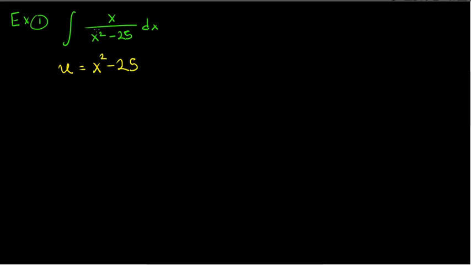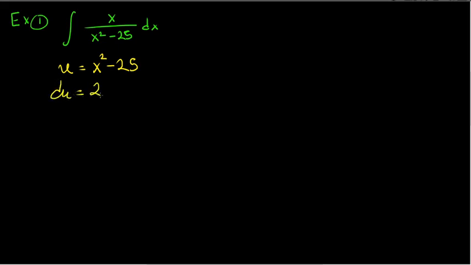Again, the only other option that I can see here is to let u just be x squared by itself. But you'll see that doesn't work exactly in one step anyway. It might work eventually, but it's probably better just to let u be the entire denominator here. So what's my du?